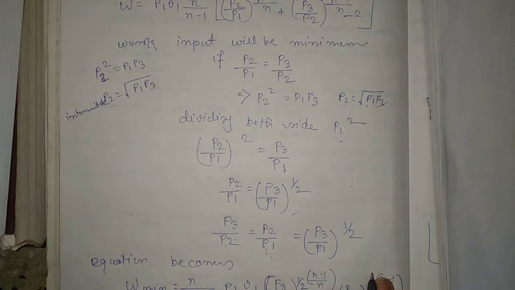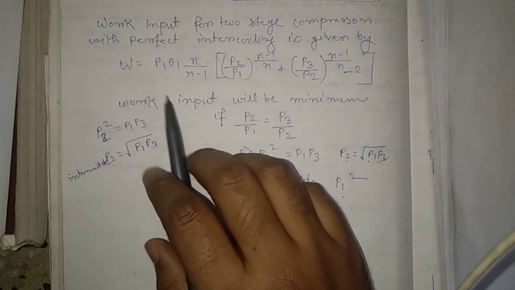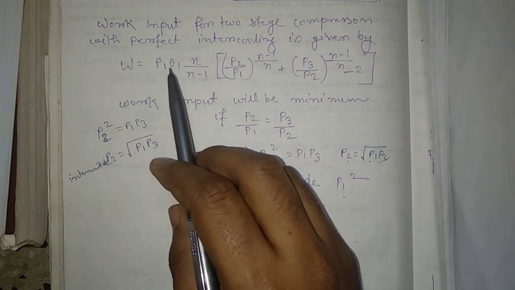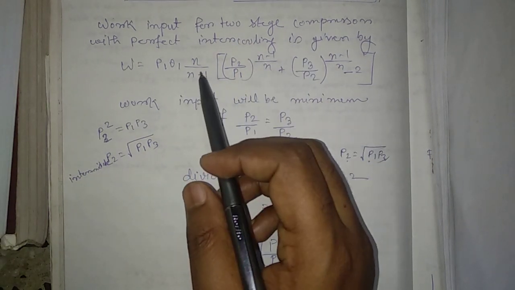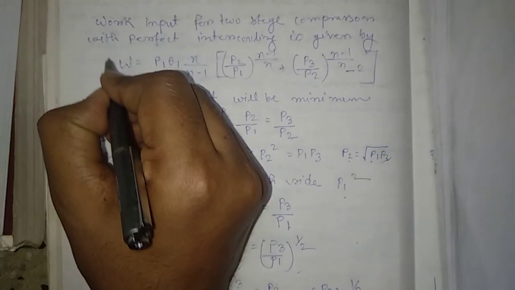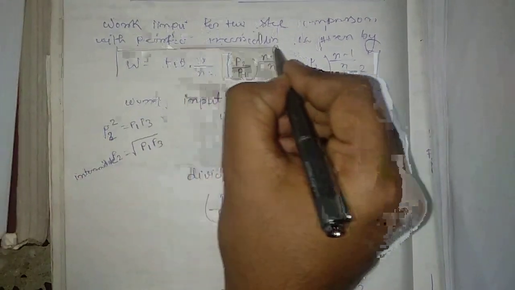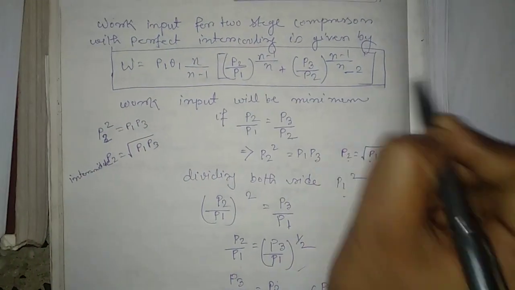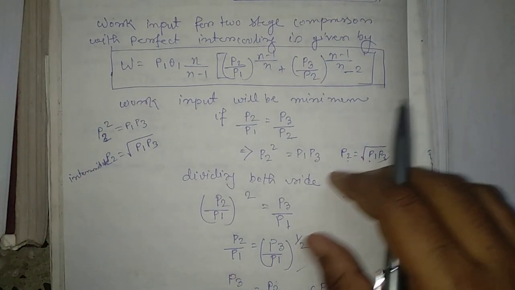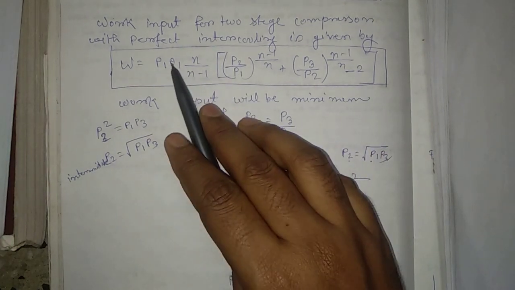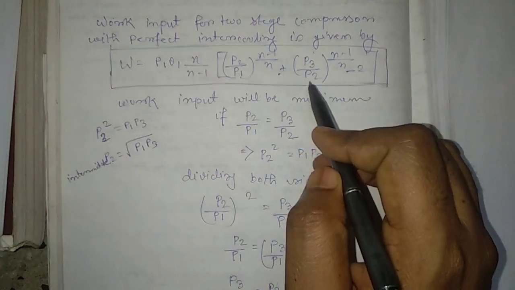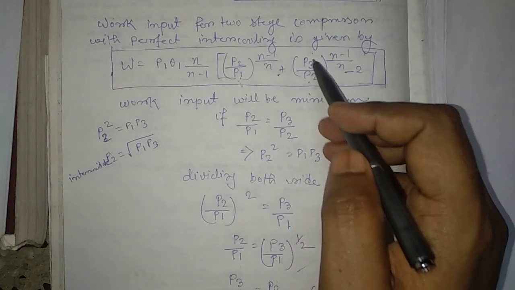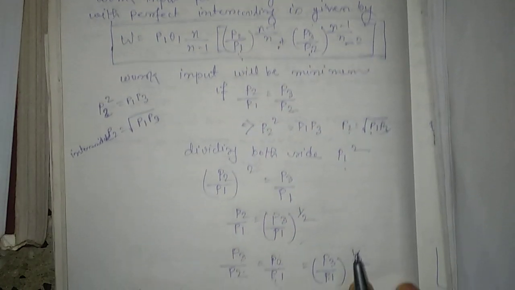Now, this is the minimum work input required for the two-stage compression process with perfect intercooling. These are the expressions that you already proved in the previous lecture video. There are two terms here, P2 by P1 and P3 by P2.